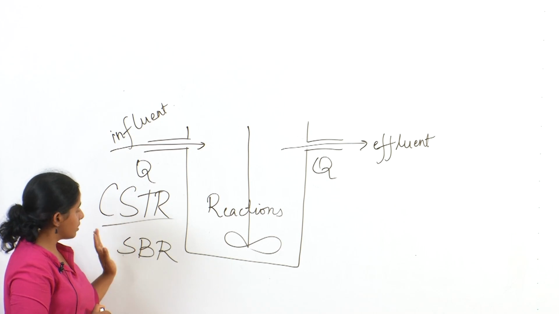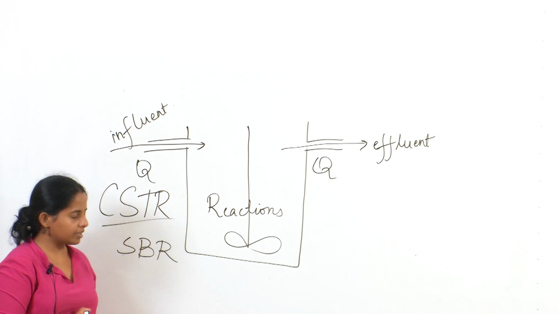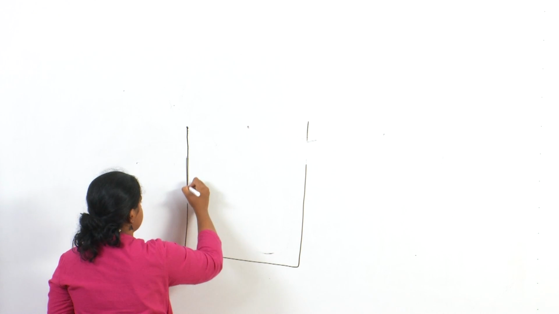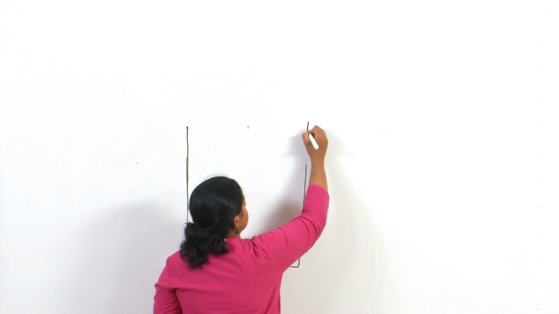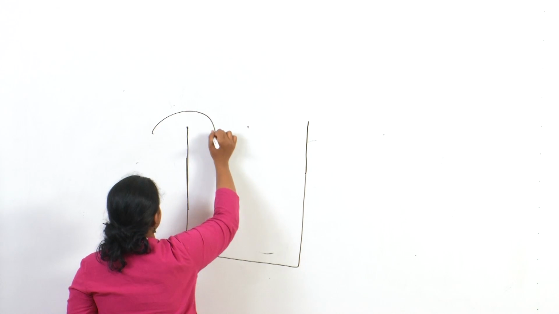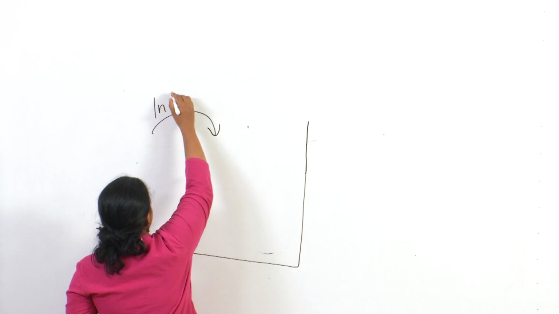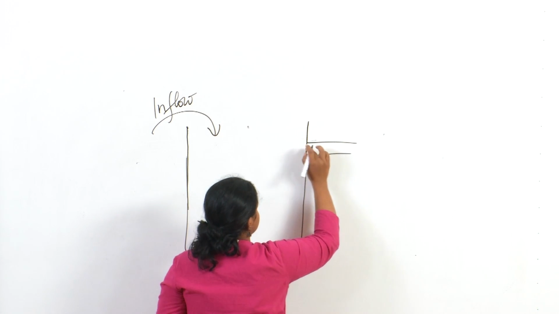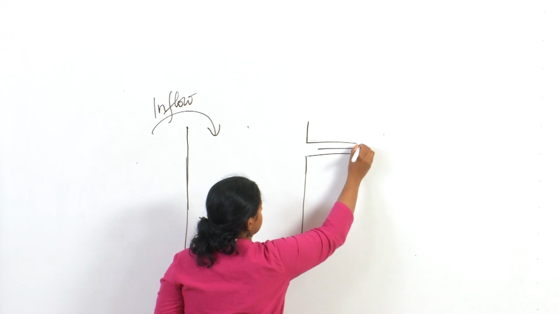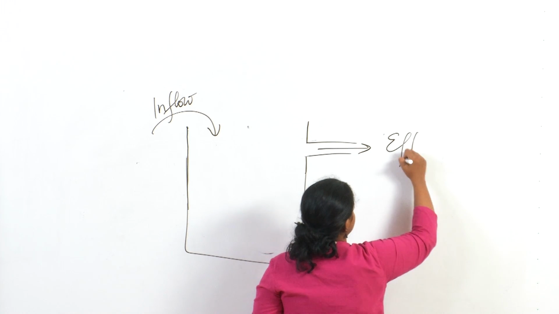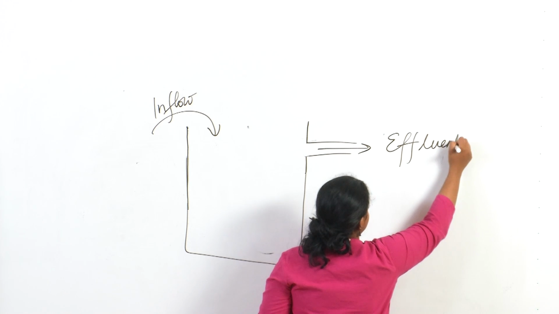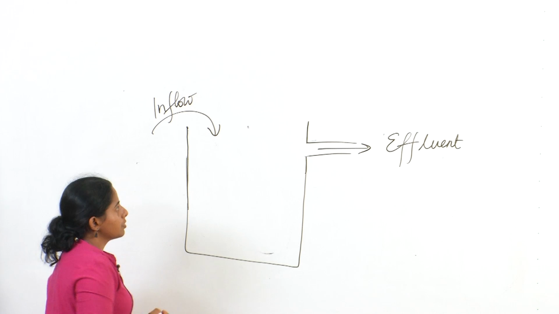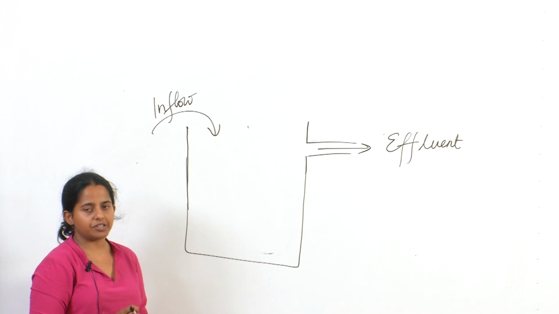Now let us see what is an SBR. SBR is more like a CSTR, and let us see why. Okay, so your SBR or sequencing batch reactor will look like this.